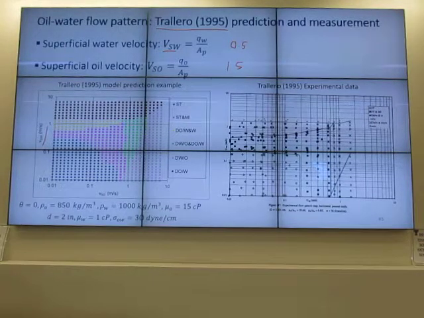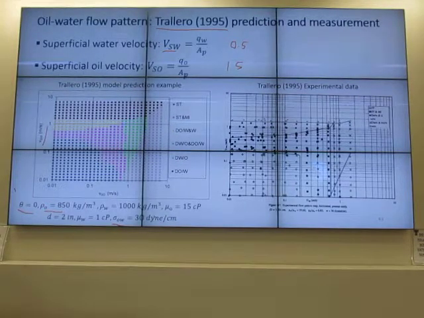For this flow pattern map, it is for the case of inclination angle of 0. Inclination angle of 0 means horizontal flow. Oil density of 850, water density of 1000 kg per cubic meter, oil viscosity of 15 centipoise, diameter of 2 inch, and water viscosity of 1 centipoise. Interfacial tension of 30 dyne per centimeter.